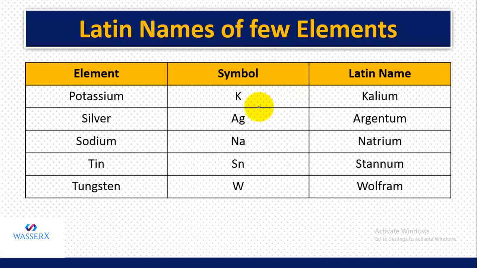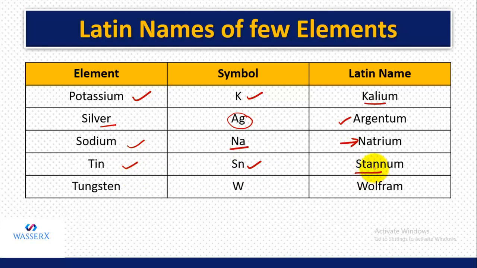Now, a few other elements like potassium, we have already discussed, kalium, symbol is K. For silver, it is argentum, the symbol used is Ag. For sodium, the Latin name is natrium, the symbol used is Na. For tin, it is stannum, and the symbol used is Sn. See, in this case, you saw that it is not St, it is Sn.